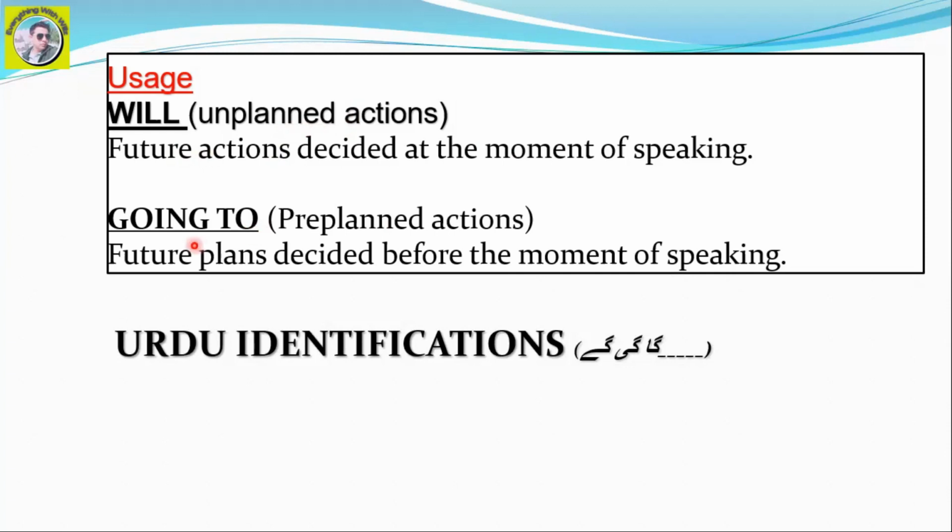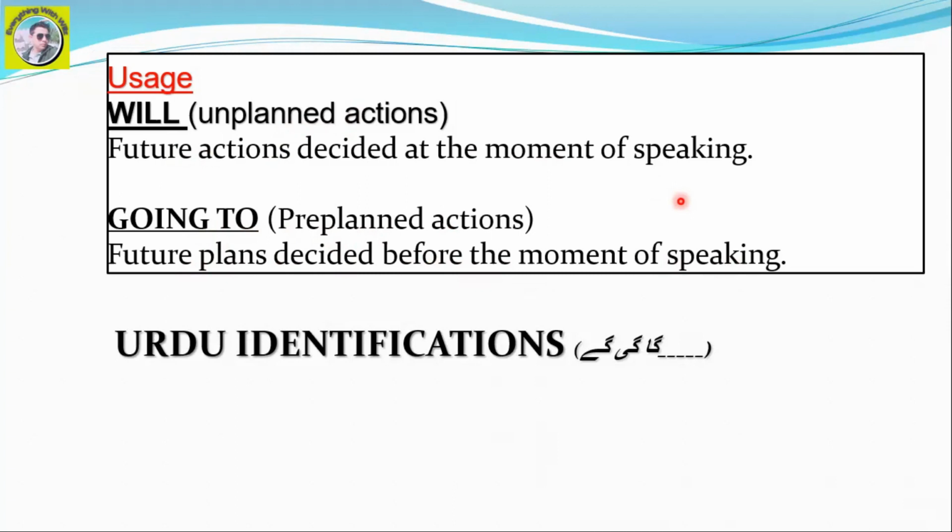But when we talk about going to, we use it for a pre-planned action. Pre-planned action means a future action decided before the moment of speaking. This means you will do something in the future, but you have already decided this in the past.